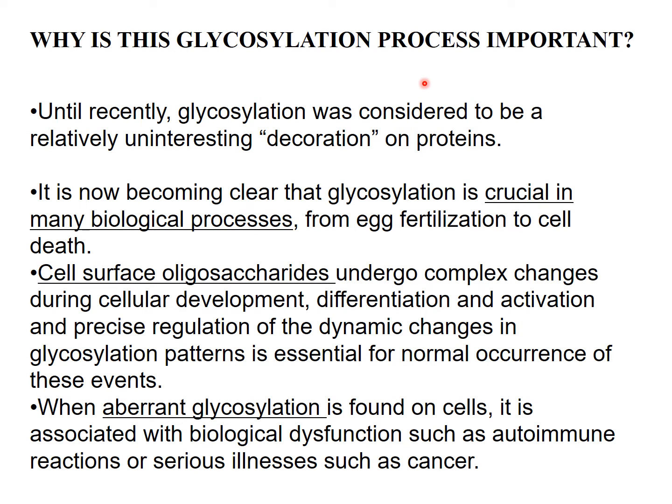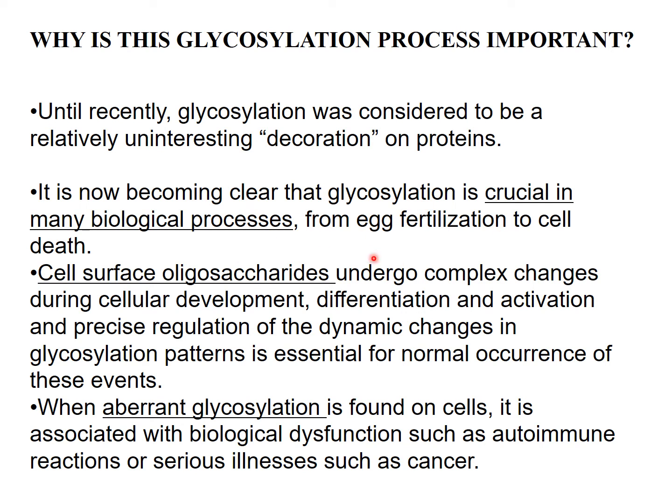So why do we need this glycosylation? You already saw that a lot of glycoproteins have specific jobs. In the previous times, we thought that, okay, it makes proteins decorated, more unique. They are more unique so much that they play crucial roles in some biological processes.